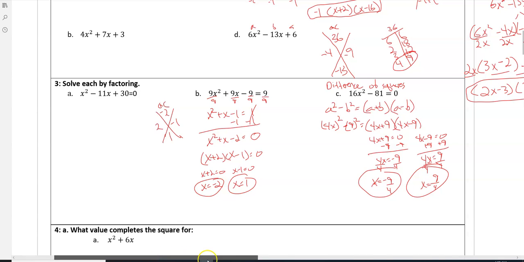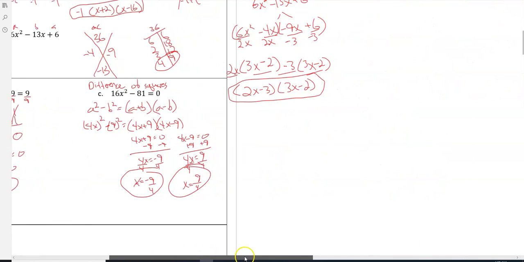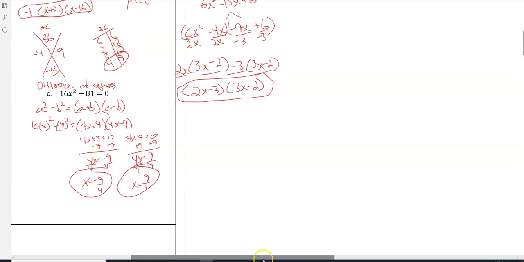But I also wanted to show you, if you forget the difference of squares rule, you could just factor it, right? So you have 16x squared, and there is no b term, and there is a c term, minus 81. So you have an a and a c. So if you were going to factor it, what would you get here?